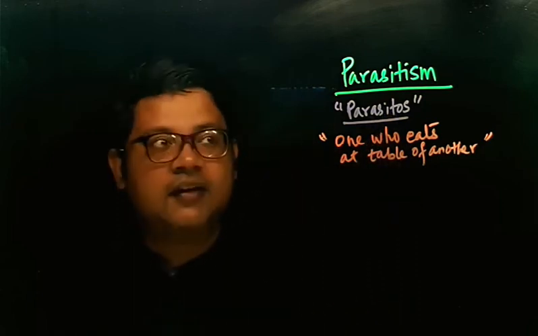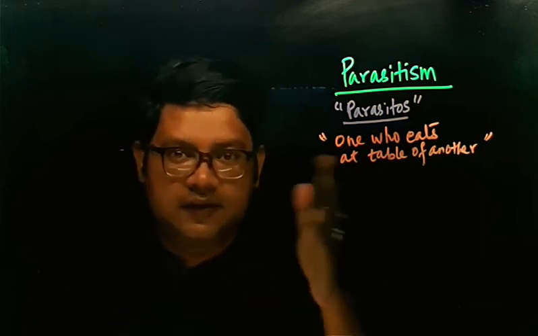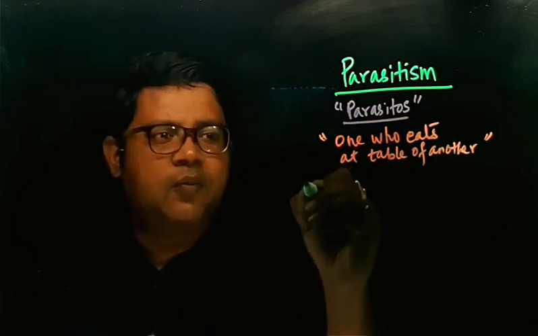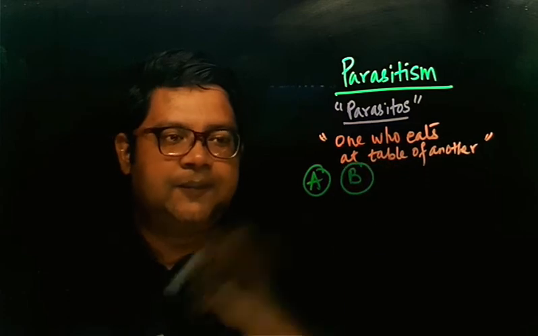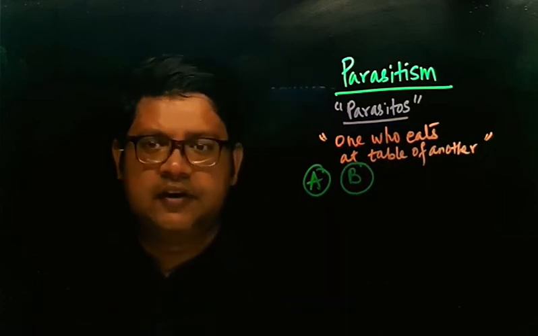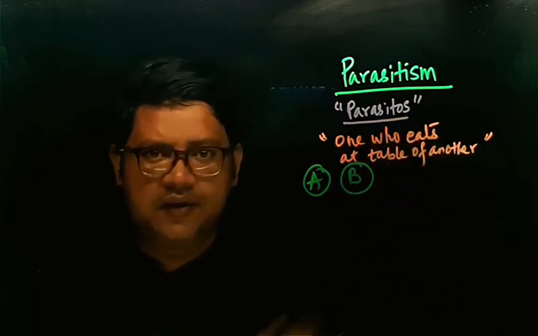Now, parasitism, like the other symbiotic interactions, is also interspecific. That means involvement of two different species, species A and species B. In this type of interaction, one species gets the benefit, the other species is harmed.